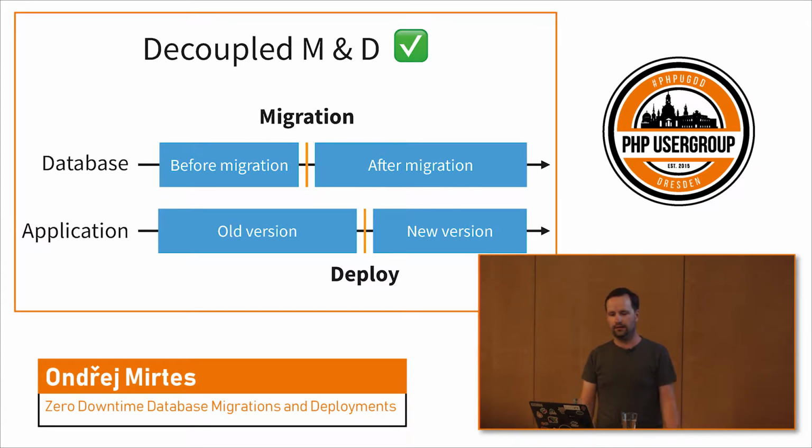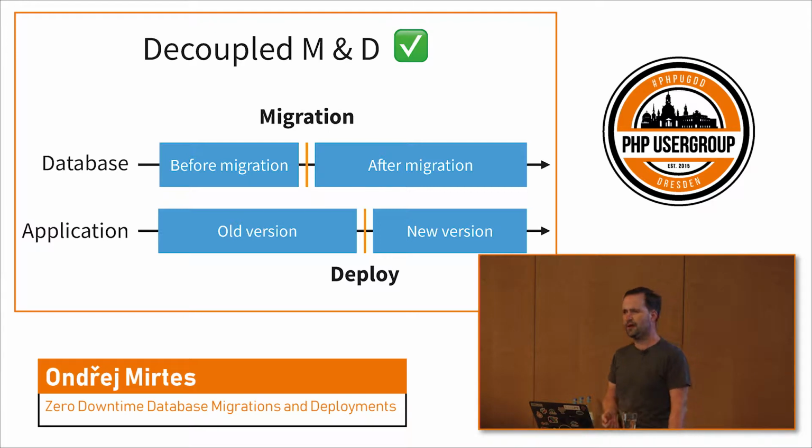And it's important to realize that the database and the application run on a different life cycle, because the deployments of the application, of your code, are almost always guaranteed to work and take about the same time, unless you write a lot of new code. Then it takes longer, because it takes longer to copy the files, for example.